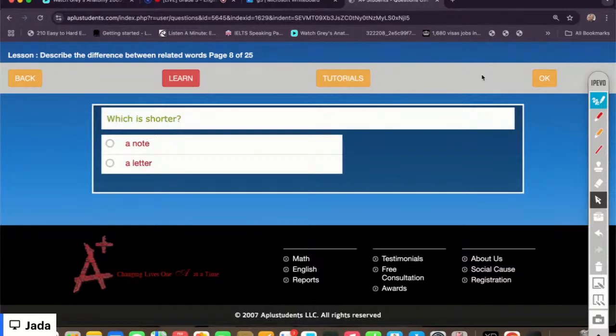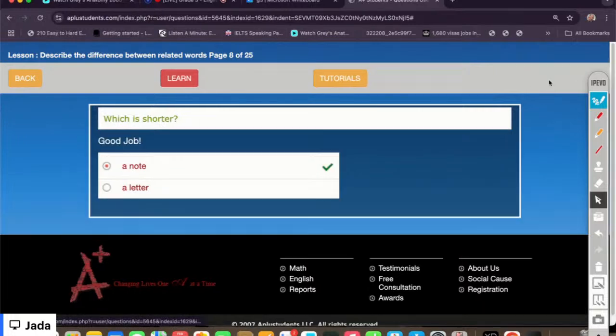Okay. All right. Then we have, which is shorter, a note or a letter? Which one is shorter, a note or a letter? So a note is the shorter one. Okay.